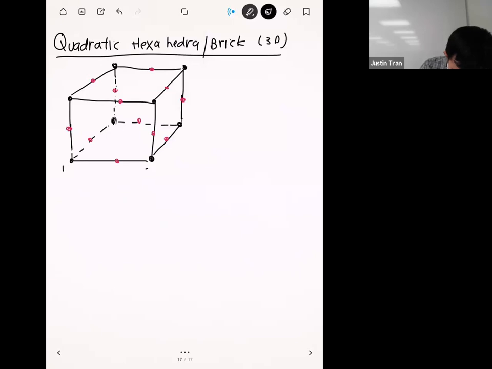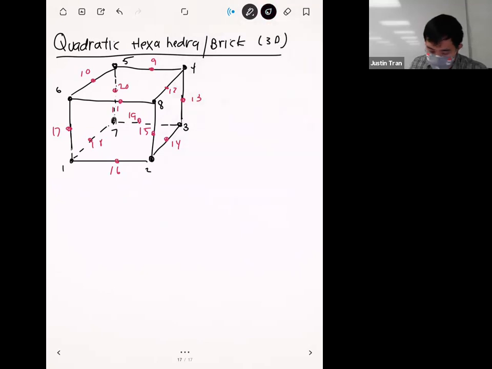So 1, 2, 3, 4, 5, 6, 7, 8, 9, 10, 11, 12, 13, 14, 15, 16, 17, 18, 19, 20. Okay, got them all. Okay, so we have 20 nodes, right?